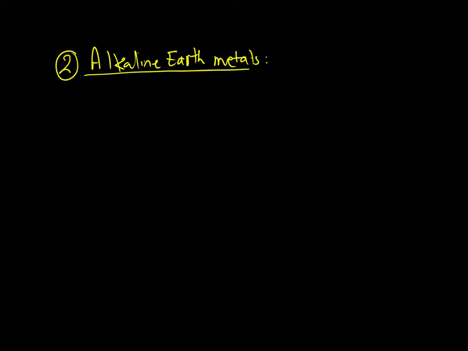Let's go to the second family, which includes alkaline earth metals. Alkaline earth metals have also some specific general physical properties. They are hard, or at least they are harder than alkali metals.